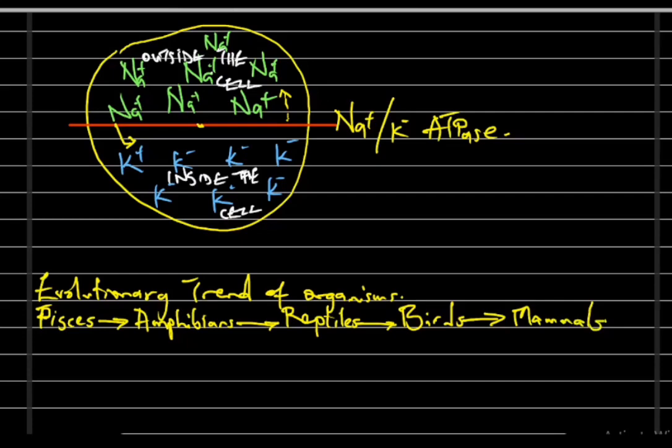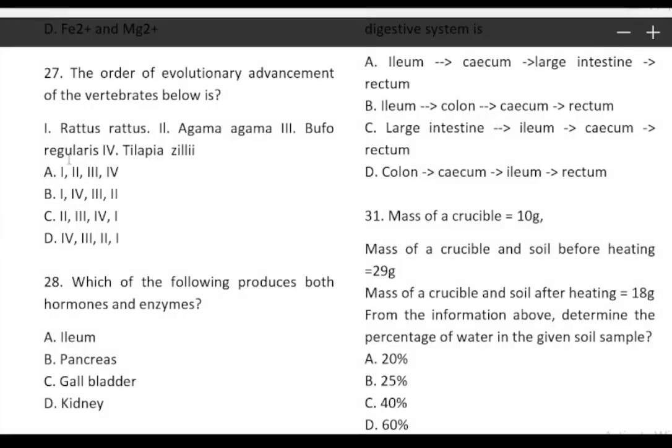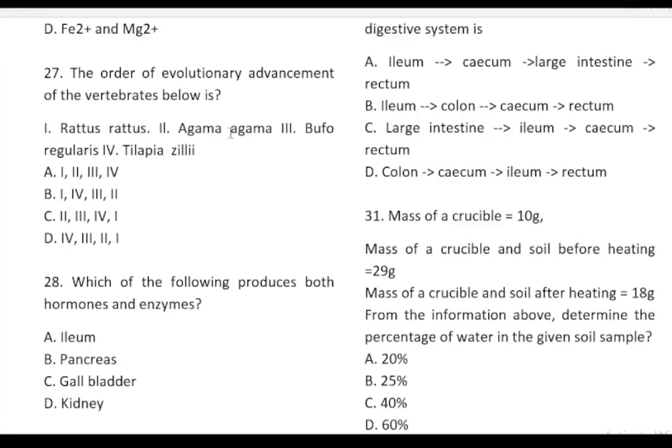So from the question there, we have Ratus ratus, which is rat. We have Agama agama, which is the agama lizard. We have the Bufo regularis, which is the toad, and then we have Tilapia zele, which is the fish.